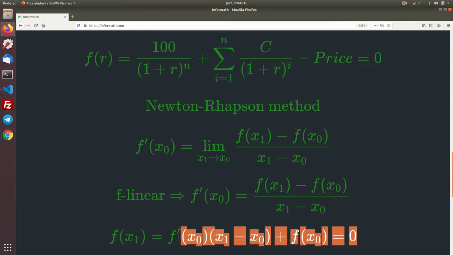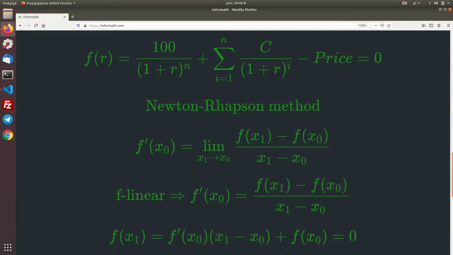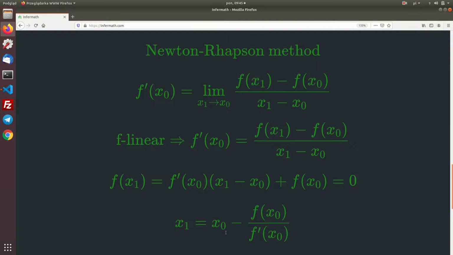If we solve this equation for x1, we end up with this relationship. Okay, so based on a definition of a derivative, we can calculate a root of a linear function in this way. This is always true for a linear function.